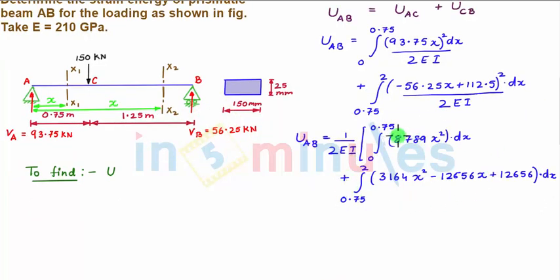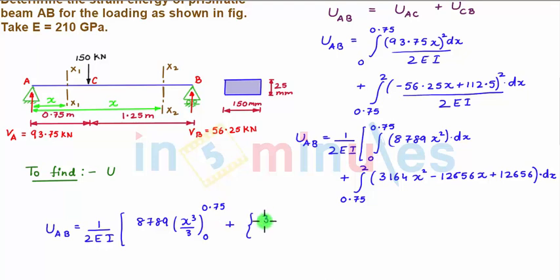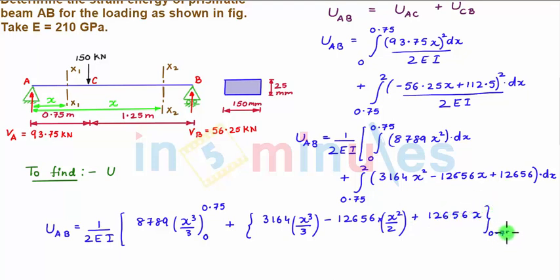Now integrating these terms, we have UAB is equal to 1 by 2EI into 8789 into x cube by 3 to the limit 0 to 0.75 plus 3164 into x cube by 3 minus 12656 into x square by 2 plus 12656 x with limit 0.75 to 2.